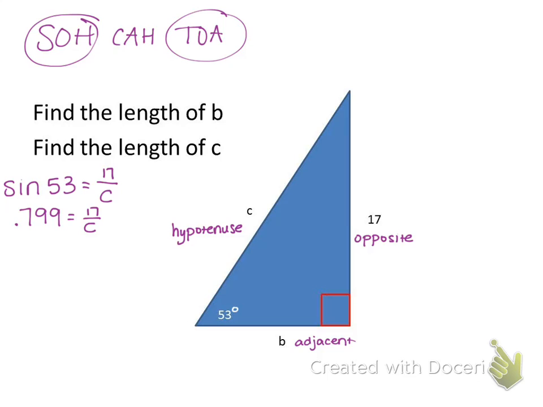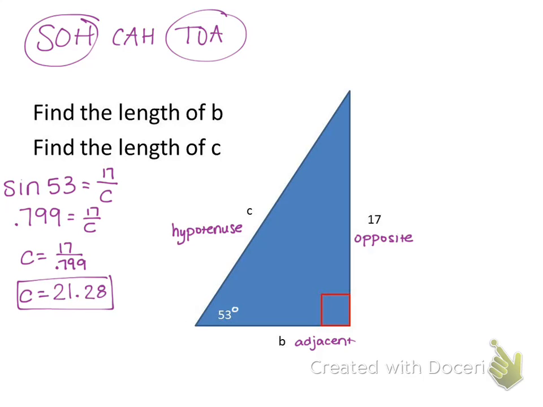Yes, because the C is on the bottom. So we write C is equal to 17 over 0.799. And what is C equal to? 21.28. Very good.